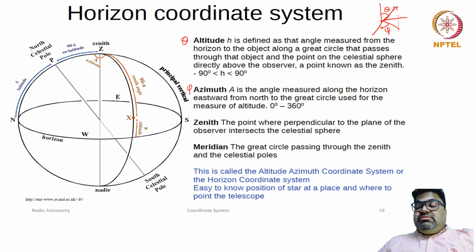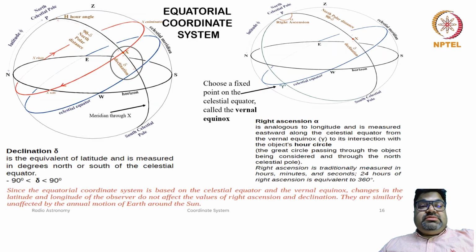But if you want to cross-check with another fellow observer, this is not a universal coordinate system. So if you define something which can be used by everybody from different parts of the Earth, we end up talking about the equatorial system, very widely used.